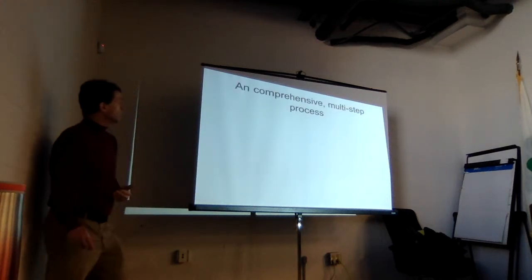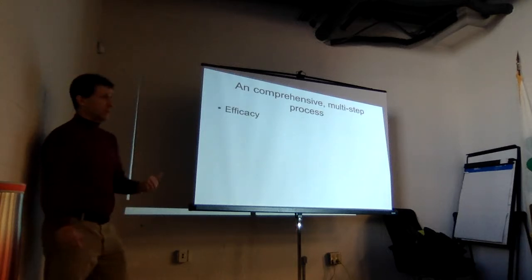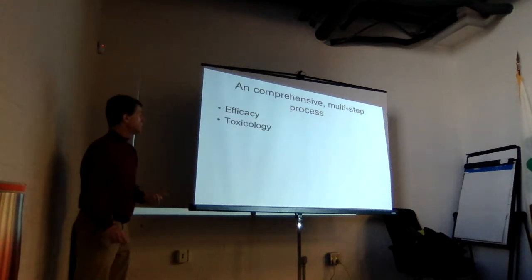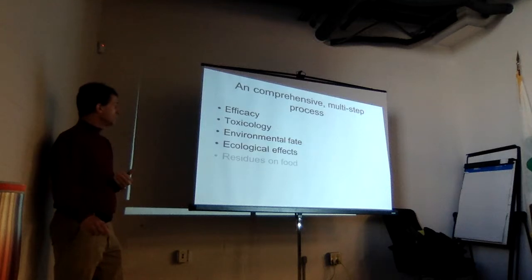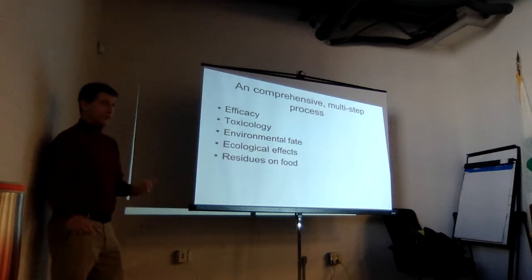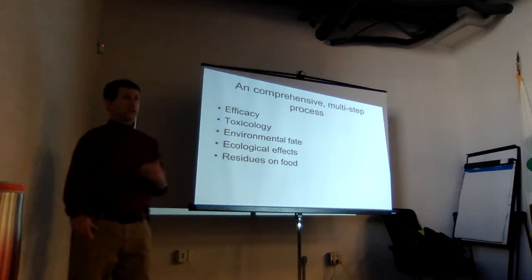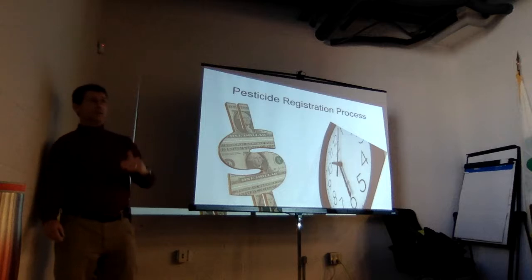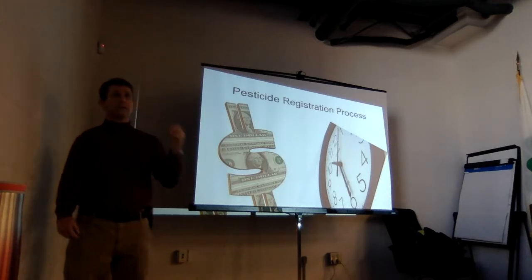It is regulated, and it's a comprehensive, multi-step process, and it includes, and we'll talk about each of these steps, efficacy, toxicology, environmental fate, ecological effects. If it's something that's going to be used on food, then there's testing to look at residues, and it's a multi-million-dollar process and a lengthy process.